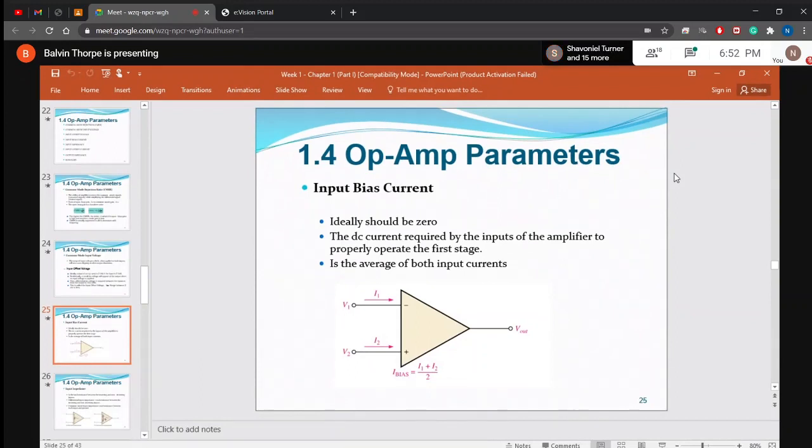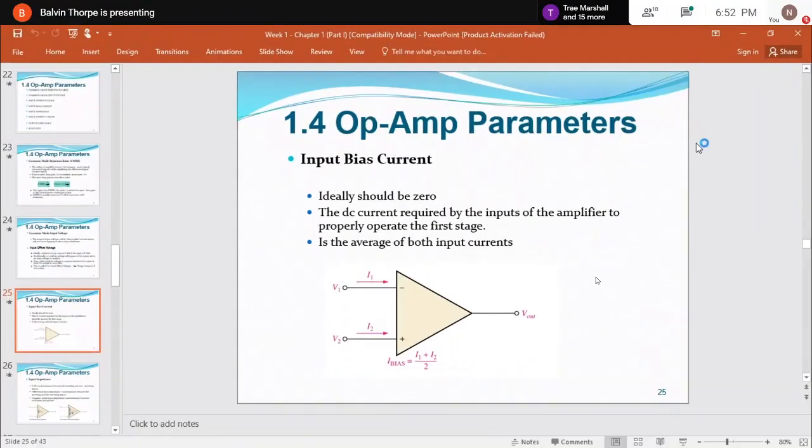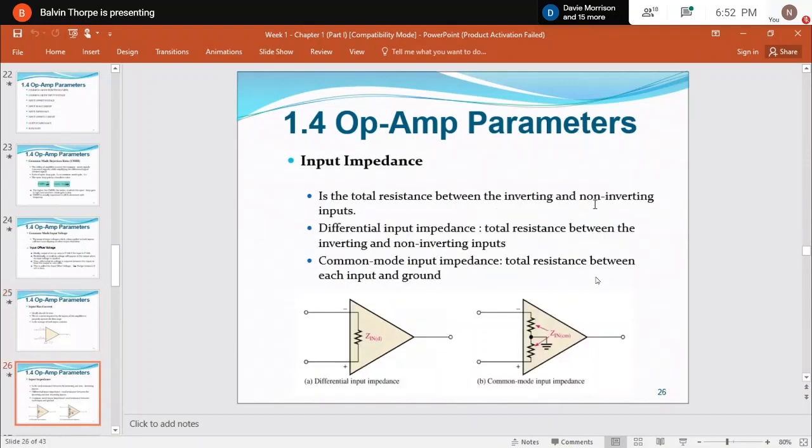Similar to what we did for the input offset voltage, we can apply input offset current to reduce the output voltage to 0 when you did not apply input voltage. We're going to look at that again in detail because there's some other things we're going to be looking at where that is concerned.